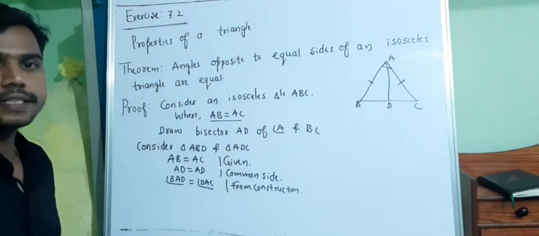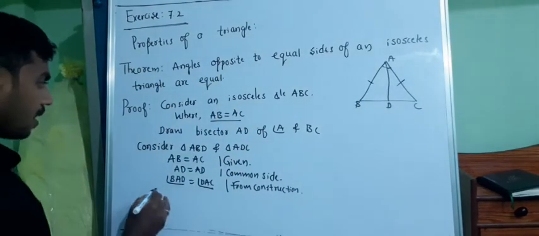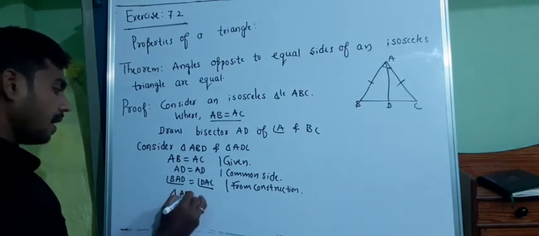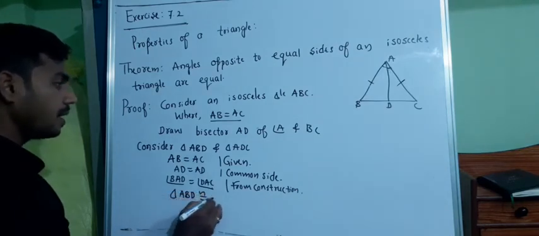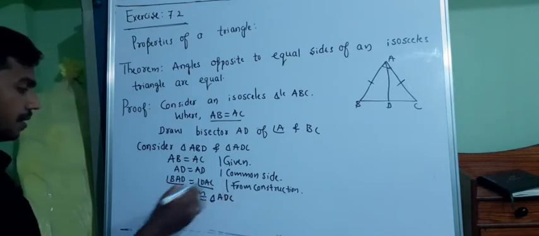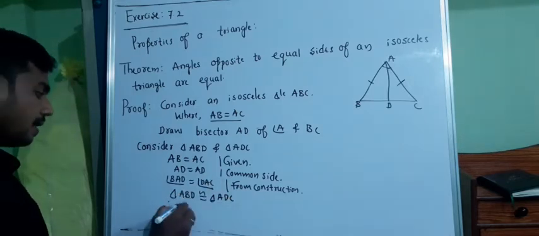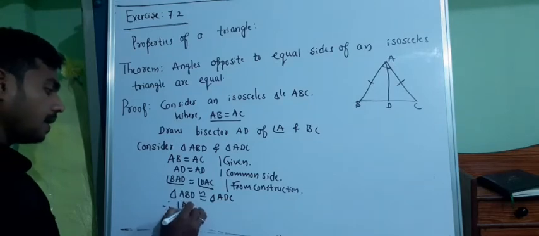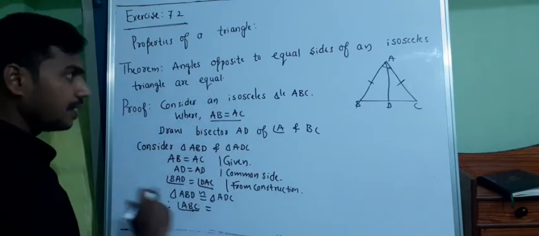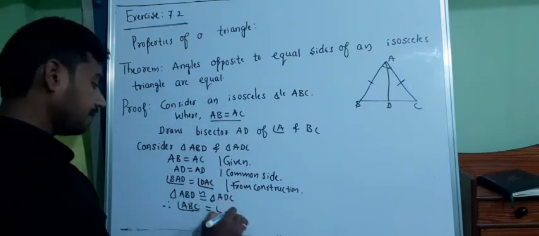So by SAS criteria, triangle ABD is congruent to triangle ADC. So therefore angle ABC is equal to angle ACB.